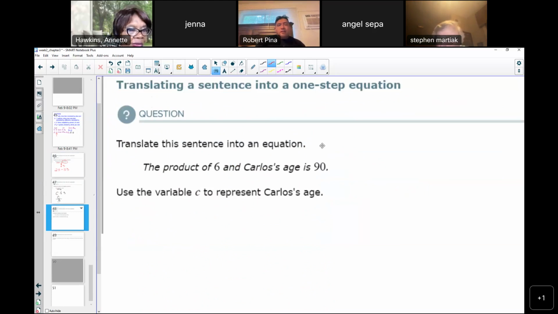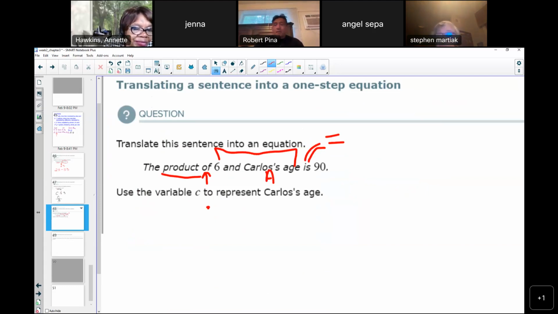Now, what does the word product mean? Multiply. And when you multiply, you have to have at least 2 things. The of tells you what you're going to use. 6 and Carlos' age. So the product of 6 and Carlos' age, we don't know Carlos' age, so I'm going to use an A for that. Okay? Now, is means equal.